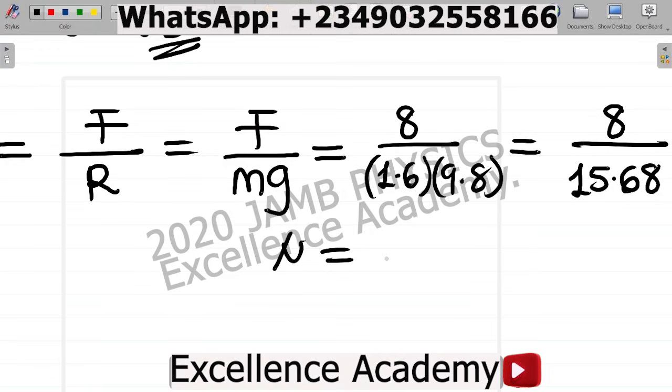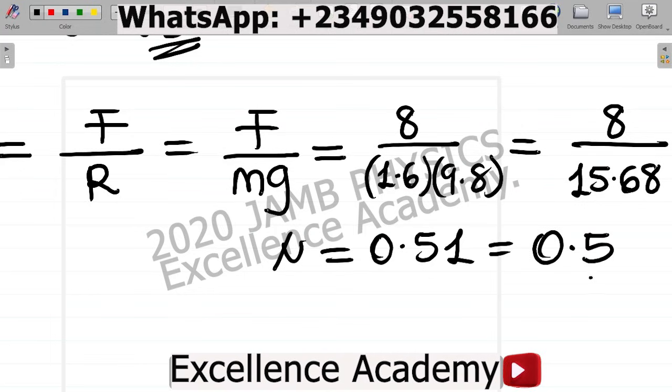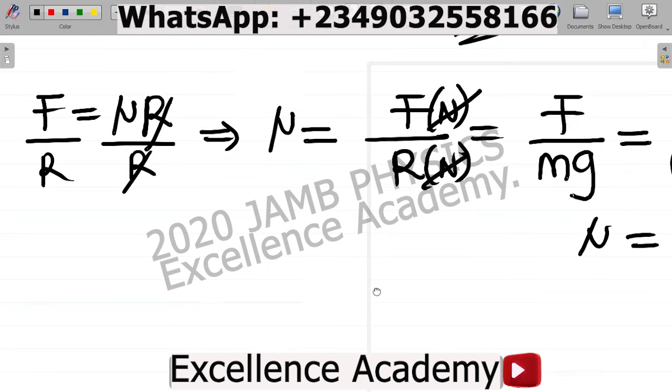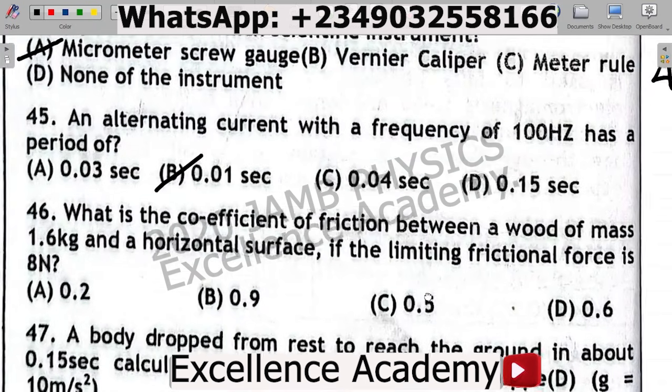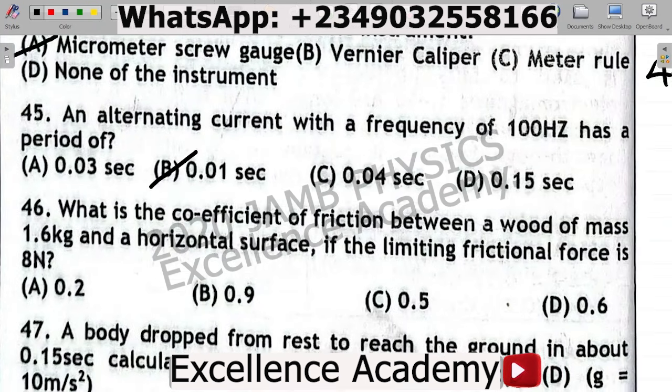The value is about 0.51, which to 1 decimal place is 0.5. You want to take note that mu does not have any units, so it's just 0.5. It has no units because force is in Newton and R is in Newton, so they cancel, leaving no SI units. So my value here is 0.5. Let's see if we have a 0.5 there. Yes, that's option C, 0.5.